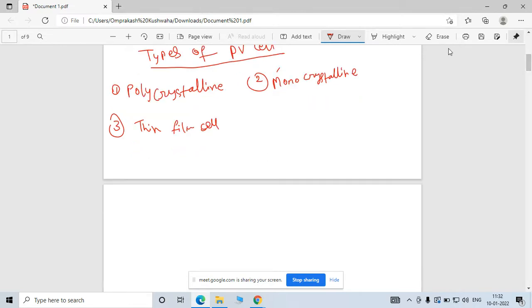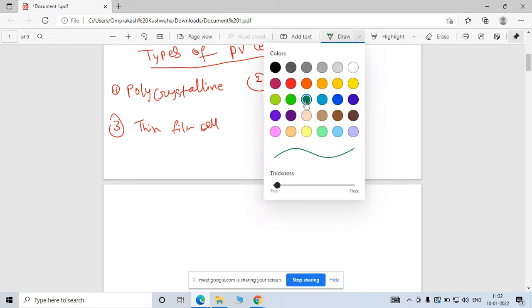As the name suggests, polycrystalline means it has multiple crystal silicon layers, and the monocrystalline cell has a single crystalline silicon cell.